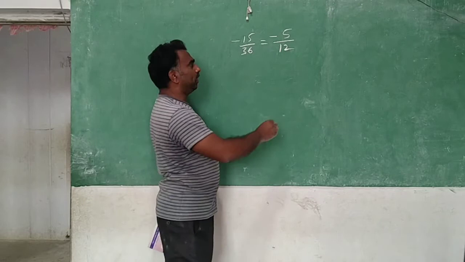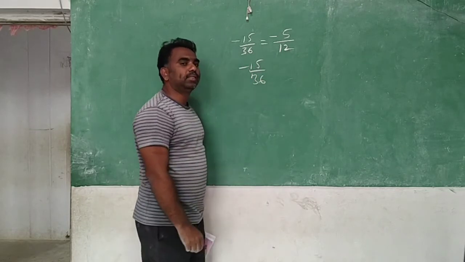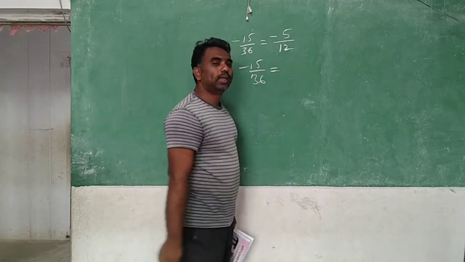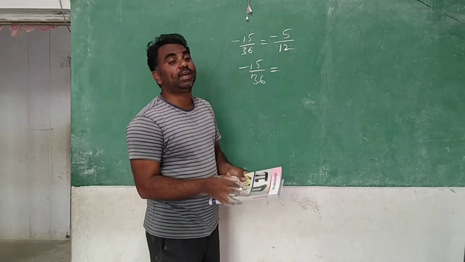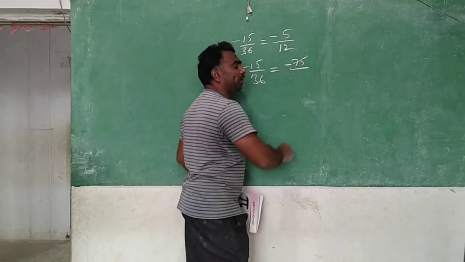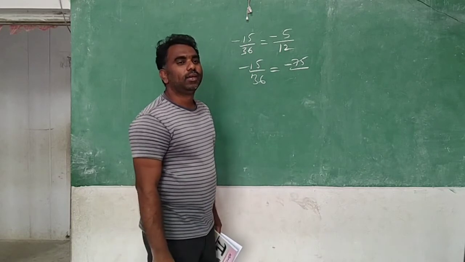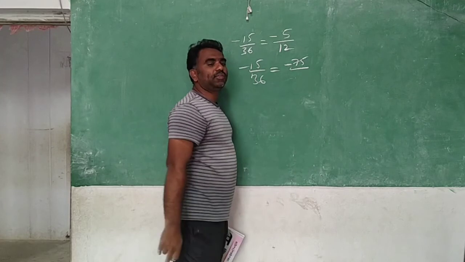Same, one more question: minus 15 by 36 is equal to a fraction whose numerator is minus 75. The denominator you have to find. How are you getting it? You see, 15 5s are 75.